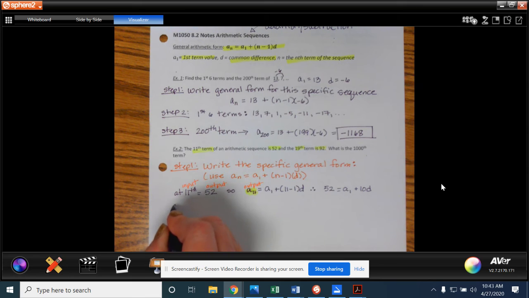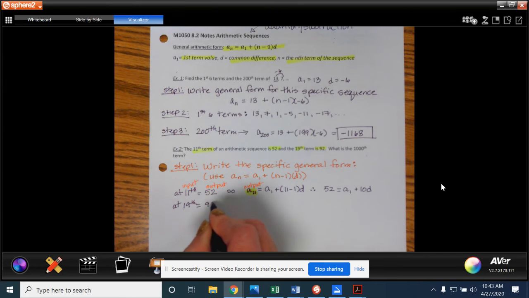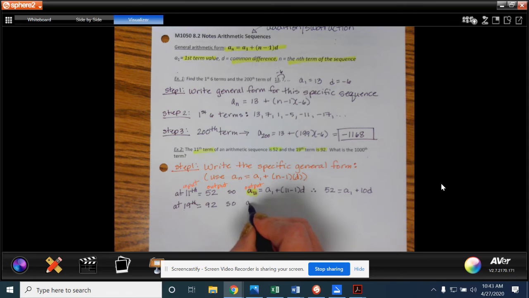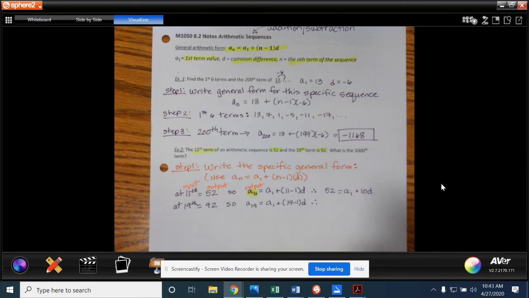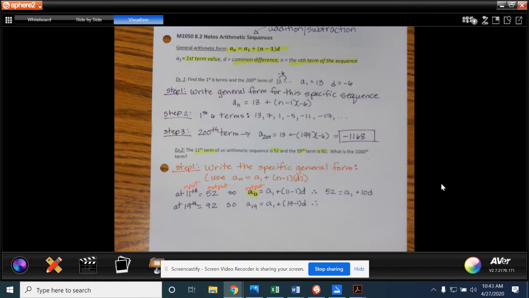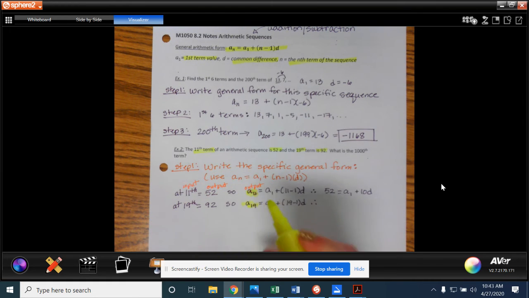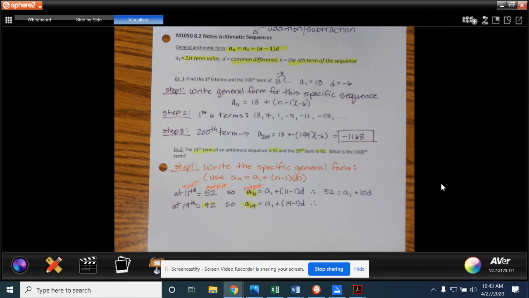Okay, let's go to the next piece I know. At the 19th term, it's going to be 92. So again, I have a at 19 equals a of 1 plus 19 minus 1 times d. All right, again, I know that this is my output, and so is that one, and I plug it in.